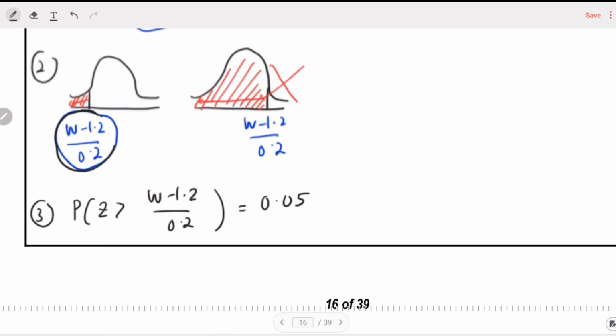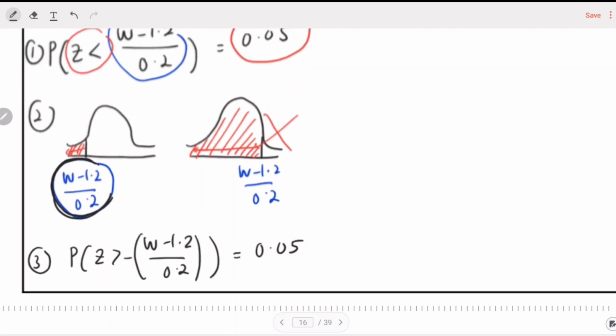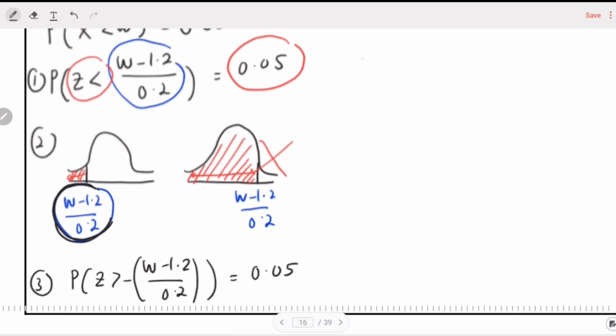But then, since our Z lies on the negative side, we need to multiply it with a negative number. And for the last step, take a look at the standard normal table to find the value of Z when the probability is 0.05.